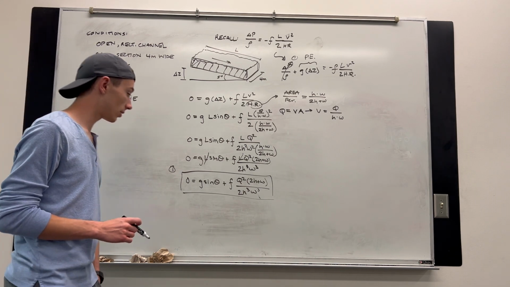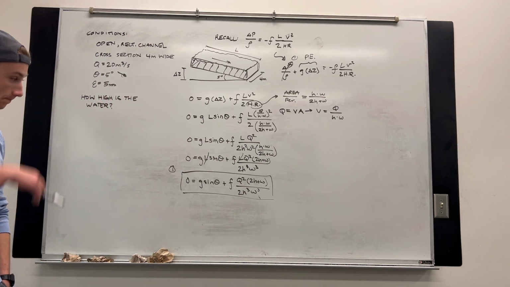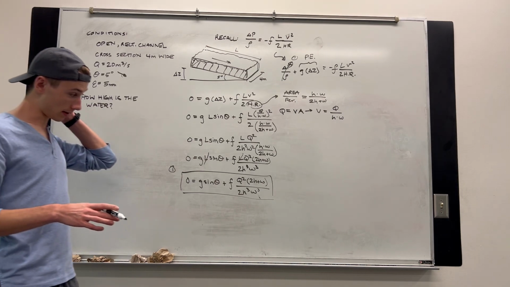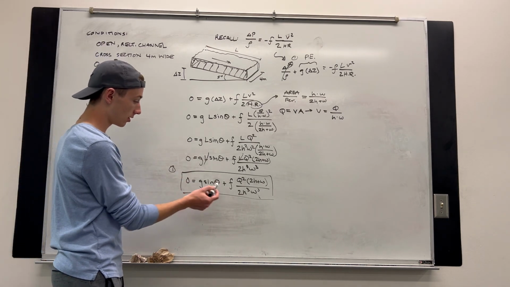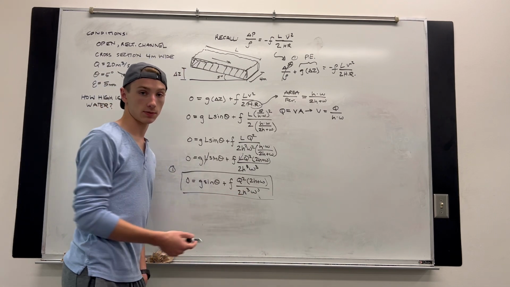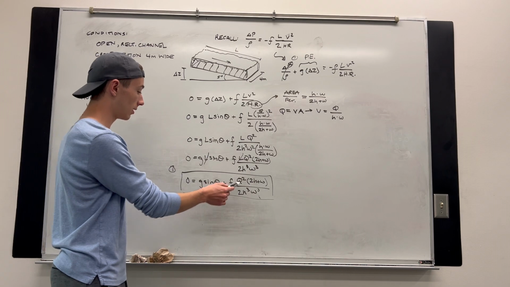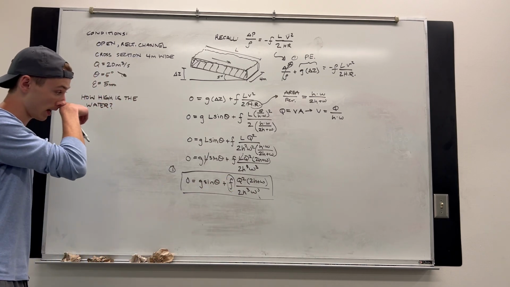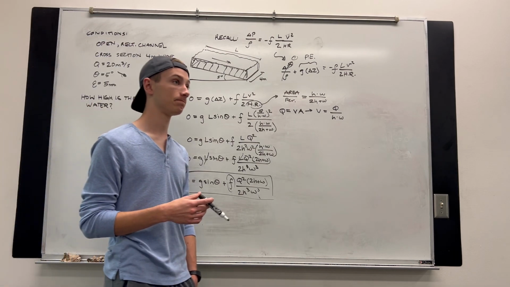The second equation that we're going to use, because remember we're solving for how high the water is. The things that we don't know in this: we know g, we know theta, we know W, we don't know H, that's what we're trying to solve for. We know Q, and f is a function of the Reynolds number and the roughness, right?